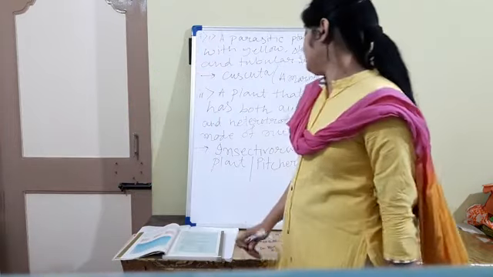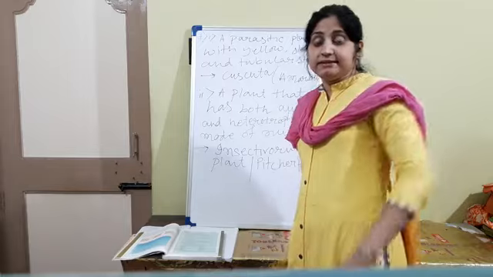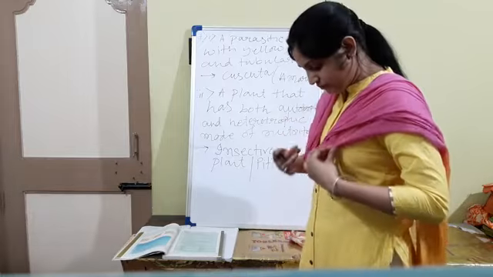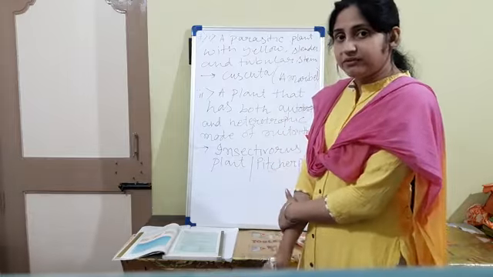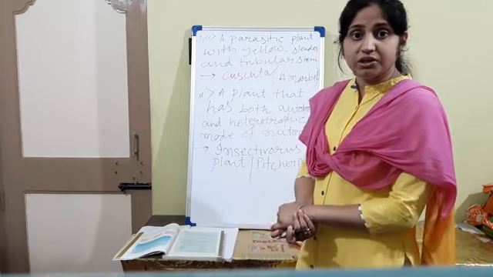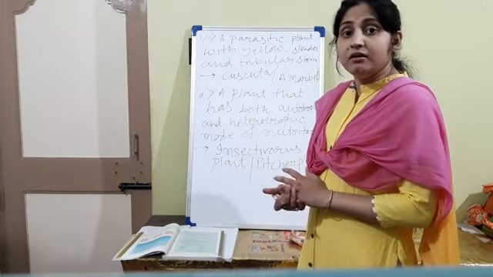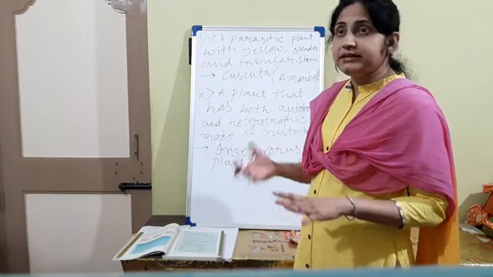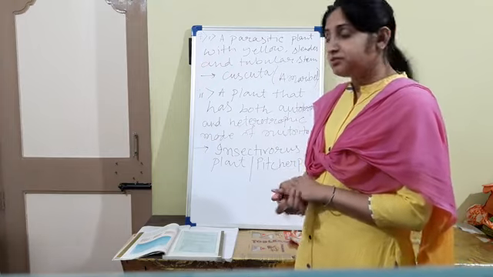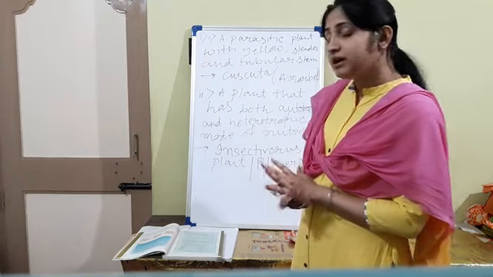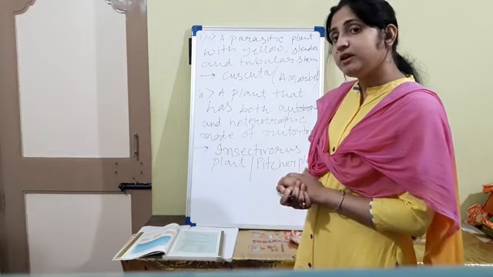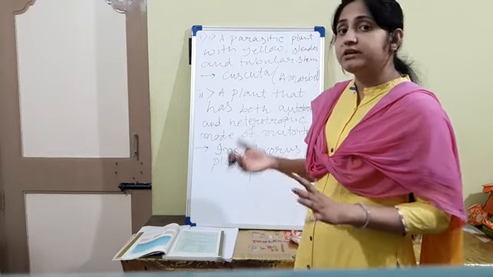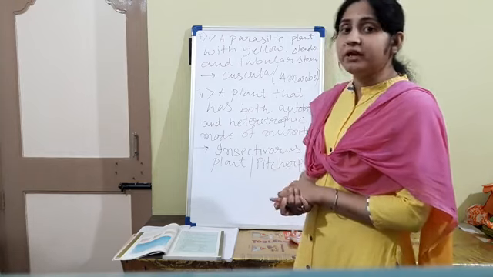So I have already said that insectivorous plants have green pigment or chlorophyll, so they are able to do their photosynthesis. But in the region where they grow, a sufficient amount of nitrogen is not present. So they have to take the nitrogen for their growth and development. They take the nitrogenous or proteinaceous food from the body of insects.